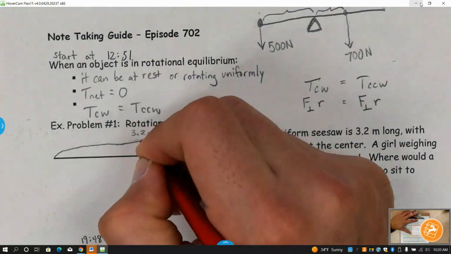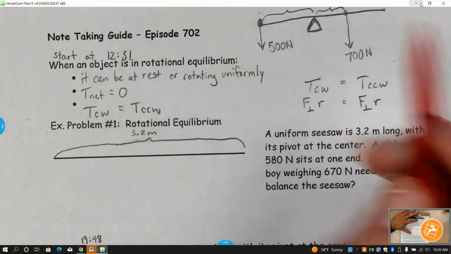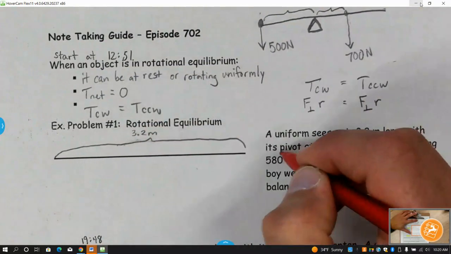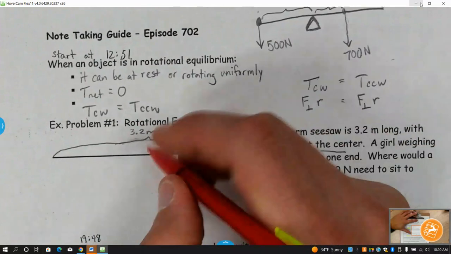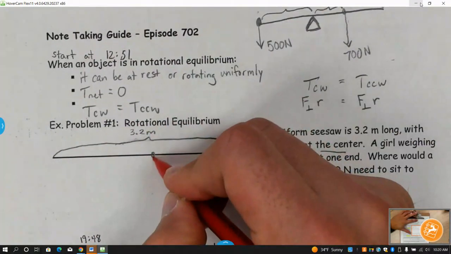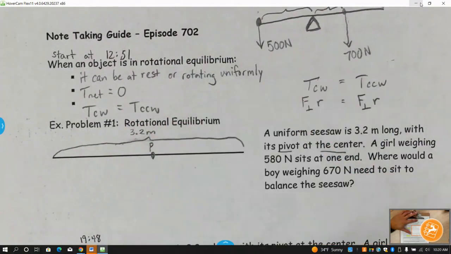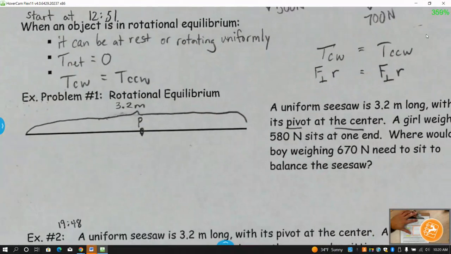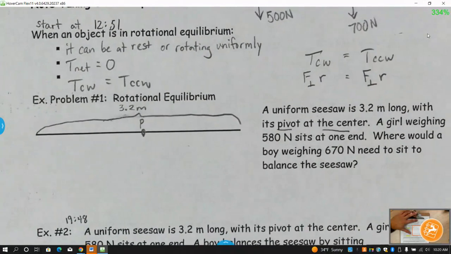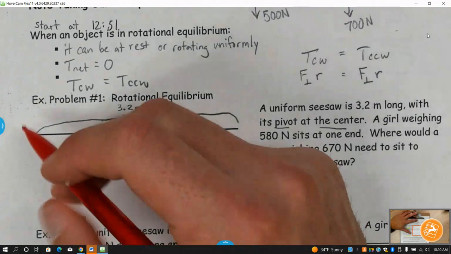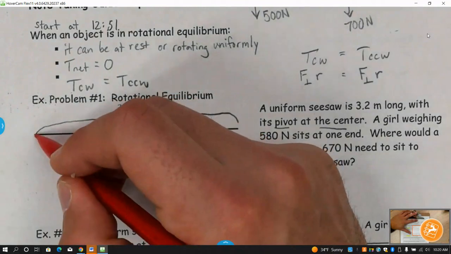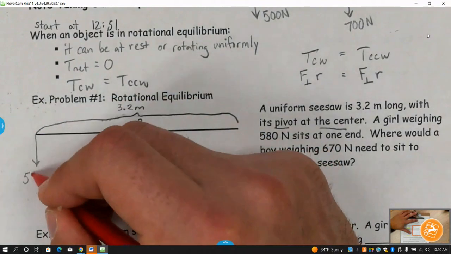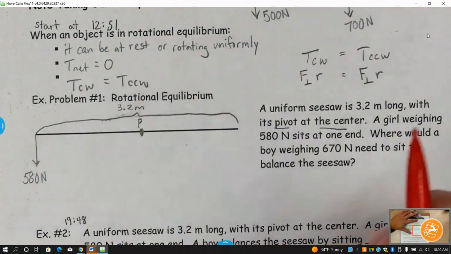And it says the pivot point is at the center. A girl weighs 580 newtons and sits at one end. So I'm going to put the girl arbitrarily on the left end. She is 580 newtons.